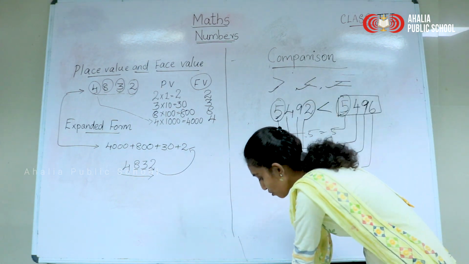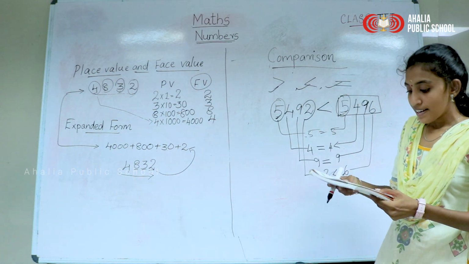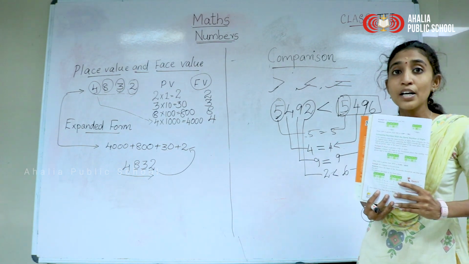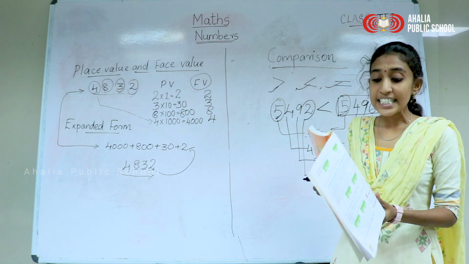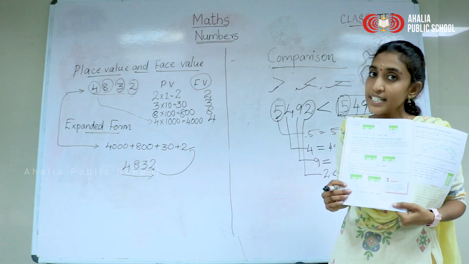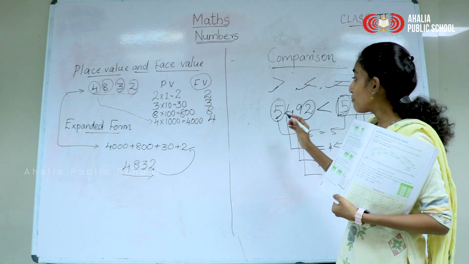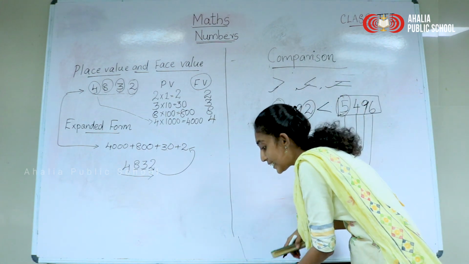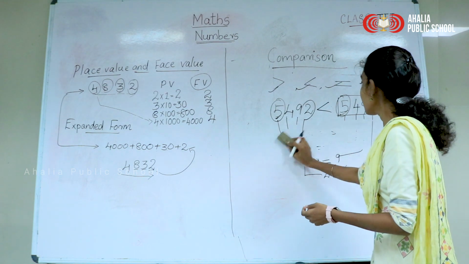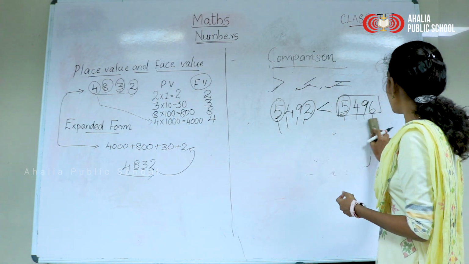In your textbooks we have some numbers, and you can see diagrams like the ones I have drawn here. It is very easy to look at the diagrams and understand. First you have to compare the numbers one by one. So what about equal numbers?